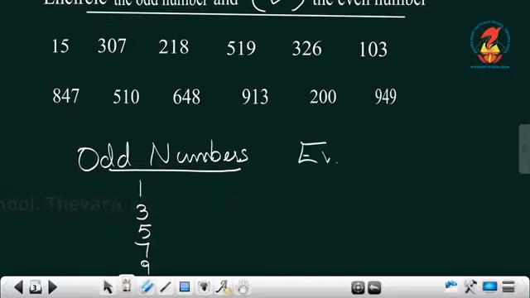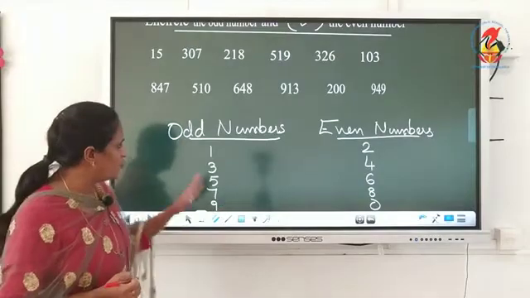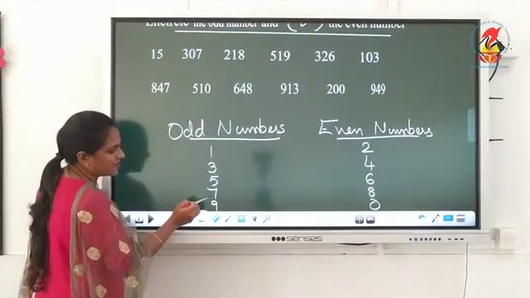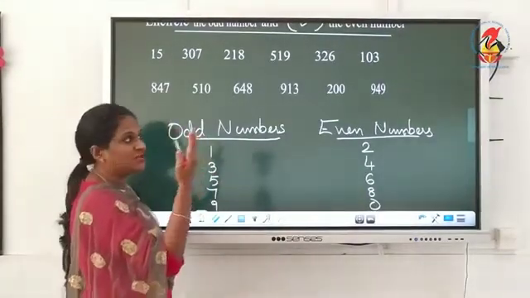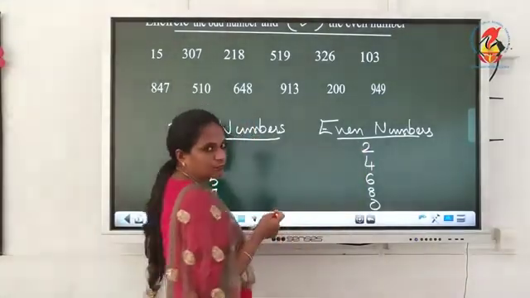And even numbers are numbers which end with 2, 4, 6, 8. Okay. Now, one more number is there, 0. I will write it over there. Got it? So, numbers which end with 1, 3, 5, 7, 9 are odd numbers. So, you have to look at the number in the ones place. Even numbers are 0, 2, 4, 6, 8.